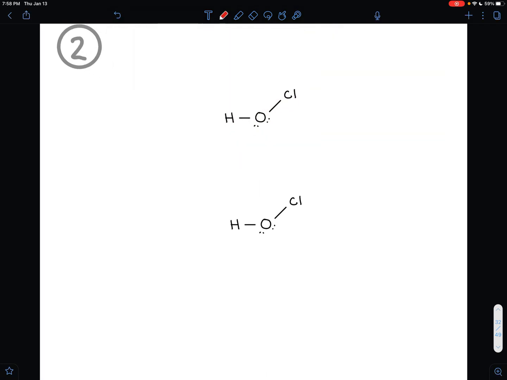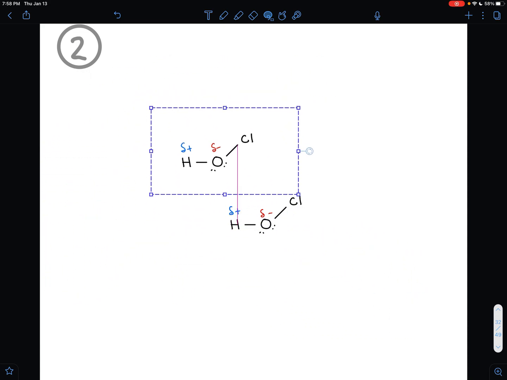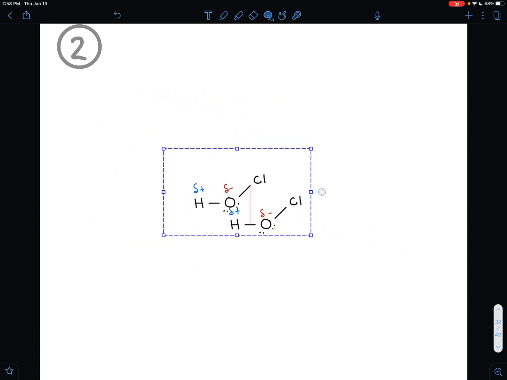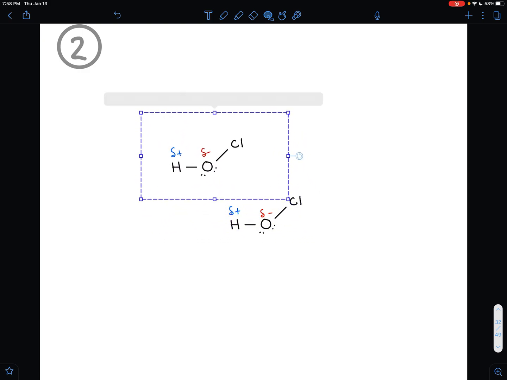The oxygens are electronegative, so they have a slightly negative charge. And the hydrogens that they're bonded to are losing electrons. They're not as electronegative as the oxygen, so they have a slightly positive charge. And as these molecules are bouncing around in solution, sometimes the slightly negative oxygen of one will hit the slightly positive hydrogen of another.